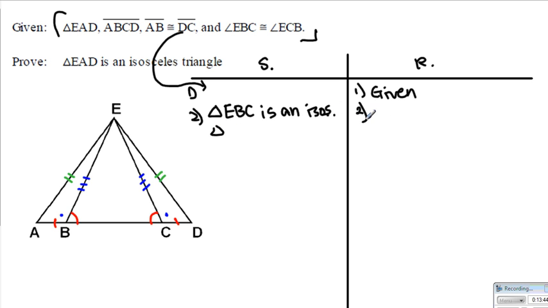Now, the reasoning behind that, of course, is when two angles are congruent, it is an isosceles triangle.